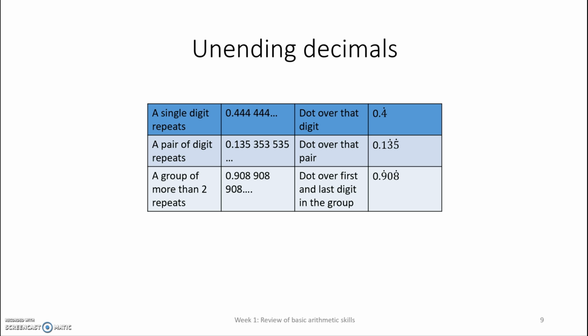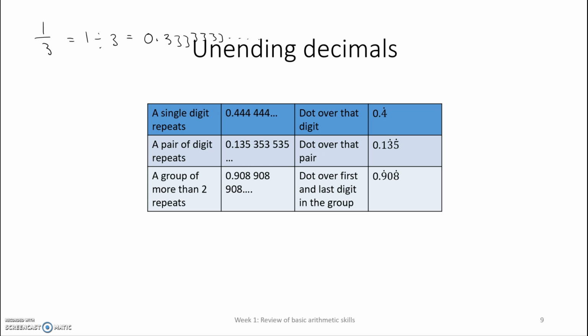Sometimes we get odd answers. Sometimes we get a number that has no sort of cutoff. It doesn't stop. It just repeats infinitely. For example, 1 over 3. If you do that division, it's 1 divided by 3, and you end up with 0.3333333 forever.